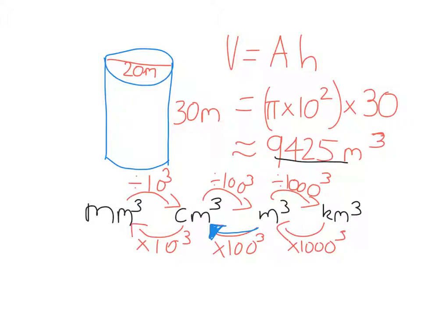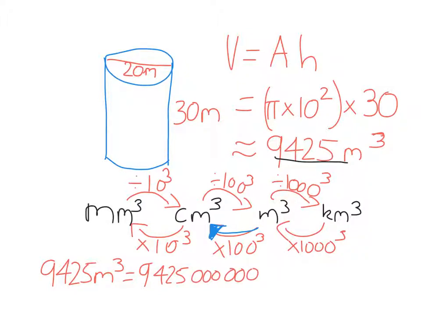So believe it or not, 9,425 meters cubed is the same as 9,425 million, or 9,425,000,000 centimeters cubed. It's a lot when you think about it. There are 1 million centimeters cubed, or 1 million milliliters in a meter cubed.